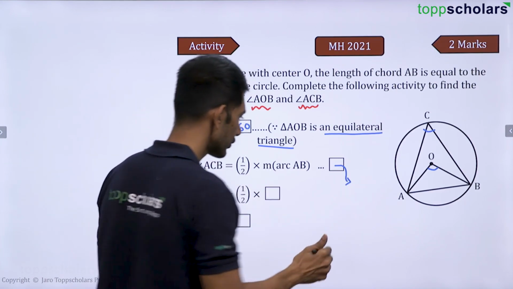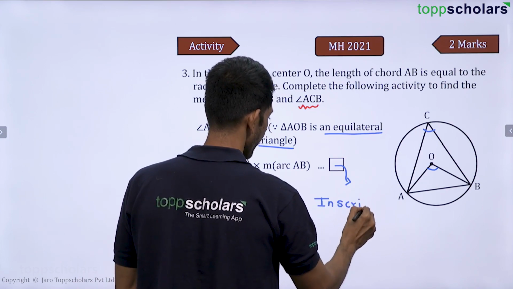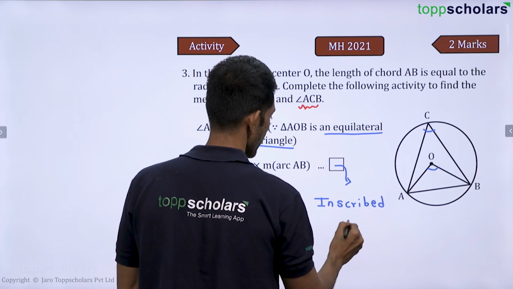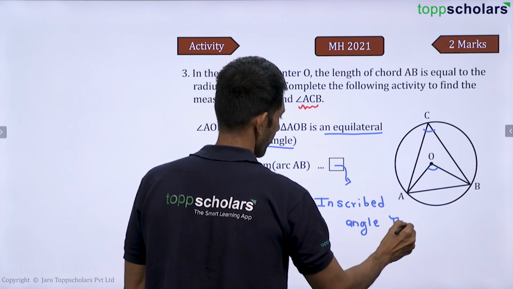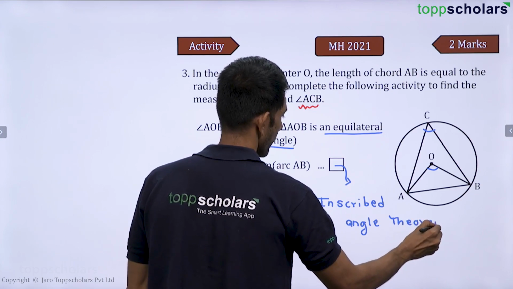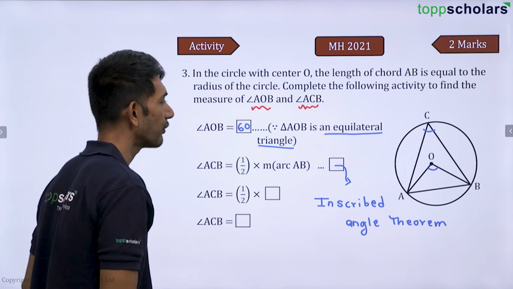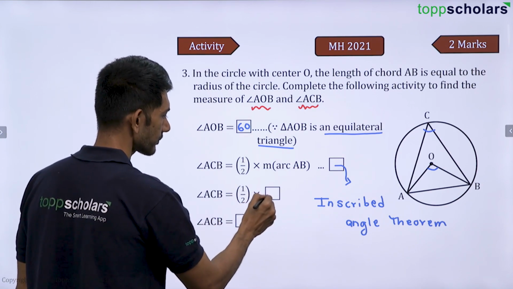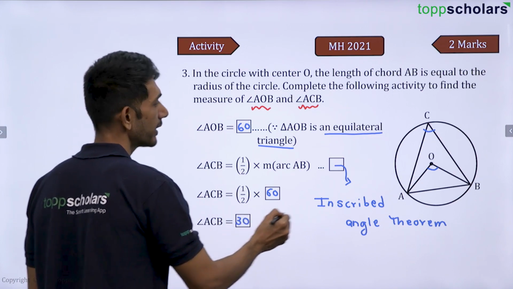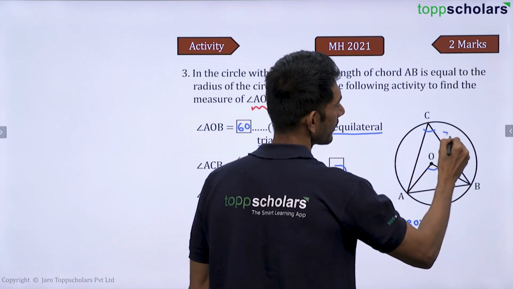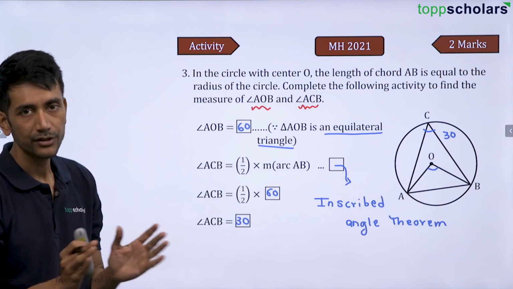So write down inscribed angle theorem. So ACB is what? Half of 60. Half of 60 is 30. So this becomes 30. Correct? I hope this is clear to all of you.